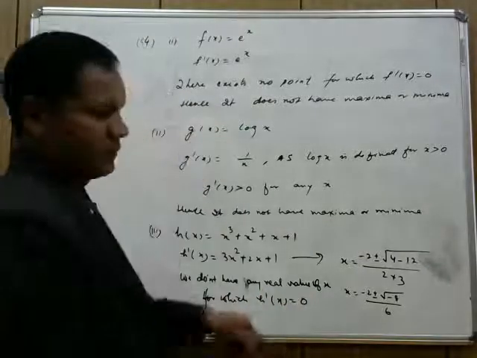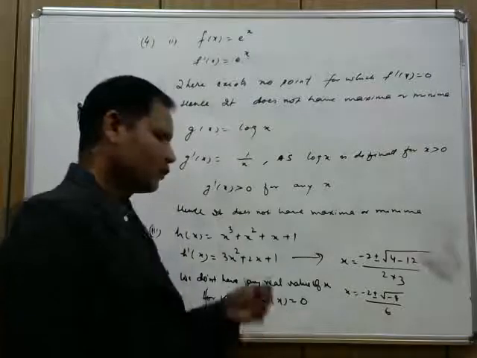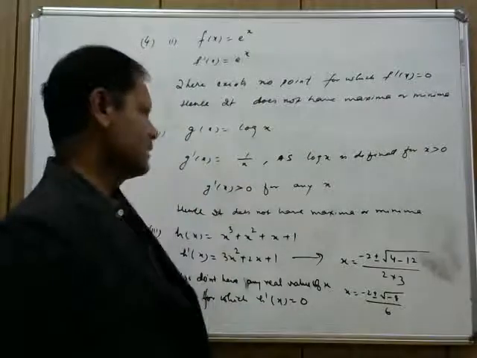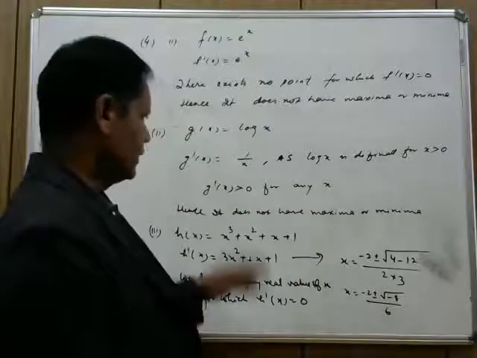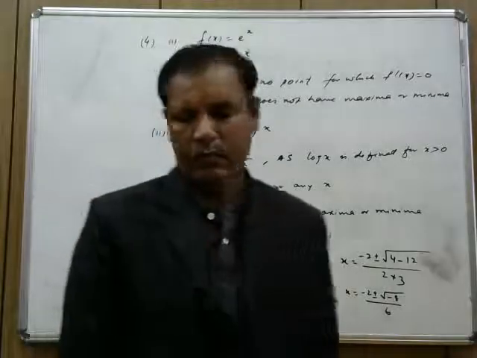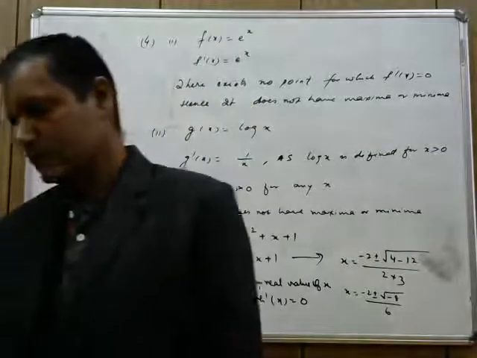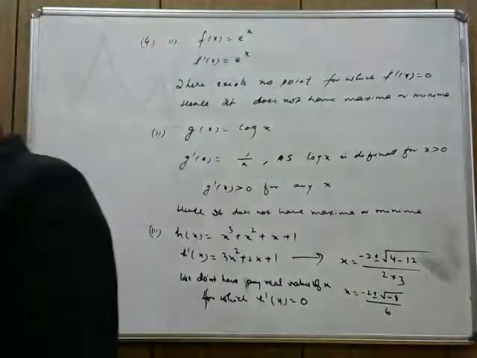Same thing, again I am not able to find its extreme points, and hence I will write the same reason, and therefore this function doesn't have maxima or minima. Right? This is the way we have done.